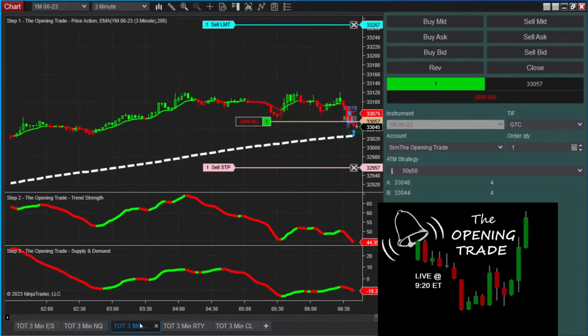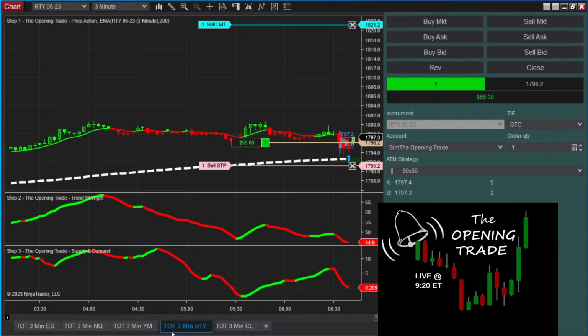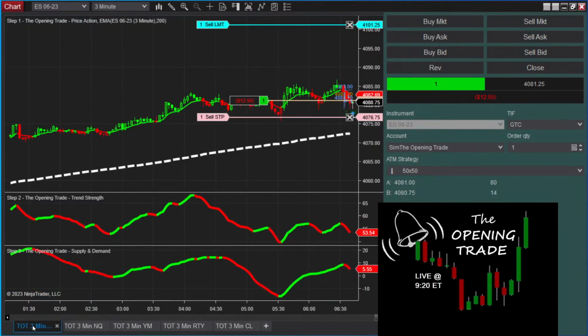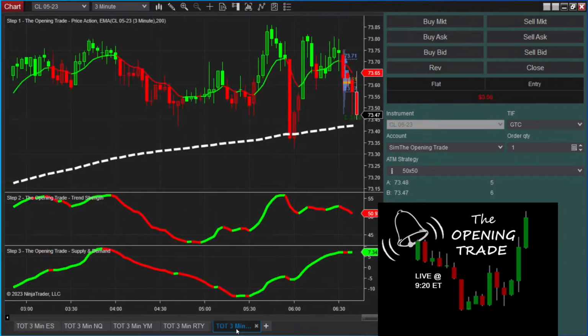Okay, so we are in four automated trades. Here is the Dow Jones futures, Russell 2000 futures, NASDAQ futures, S&P 500 futures. Crude oil is way too close to take a manual trade. It's too close to the 200 period EMA.